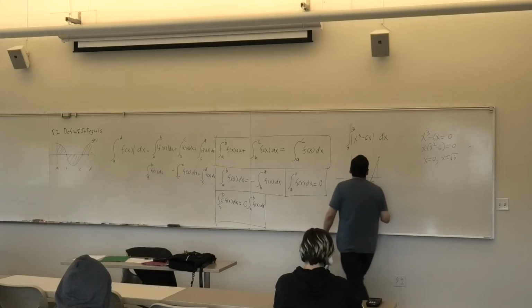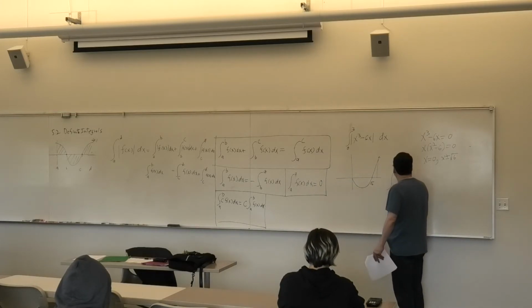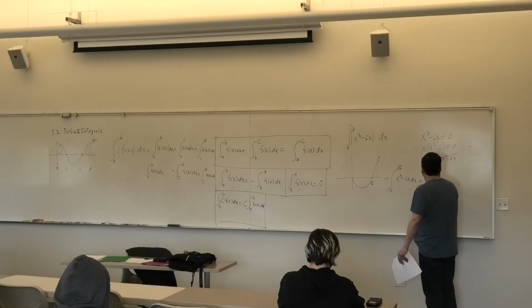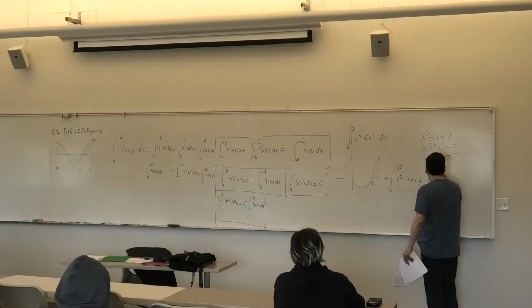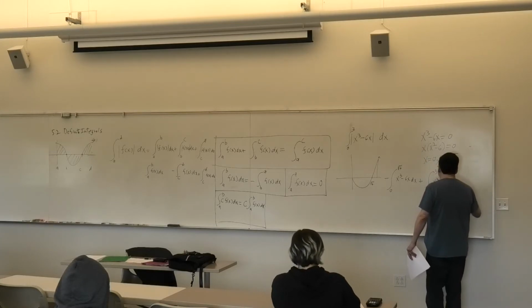And the way we evaluate this is we set this equal to the negative of the integral from 0 to the square root of 6 of x cubed minus 6x, negative because this is negative, and then we add it to the integral from square root of 6 to 3 of x cubed minus 6x dx.